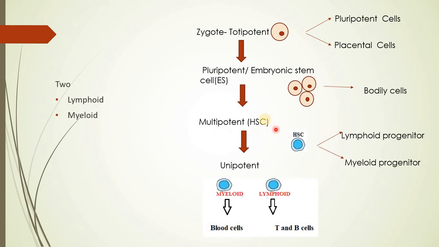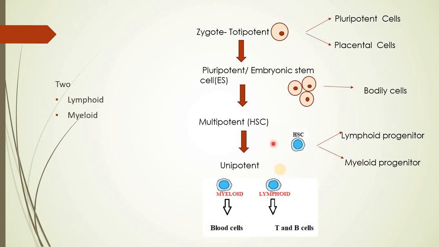Now, once these multipotent cells differentiate into the lymphoid progenitor cell or the myeloid progenitor cell, these progenitor cells give rise to only one type of lineage, or one line of cell development, that is called lineage.